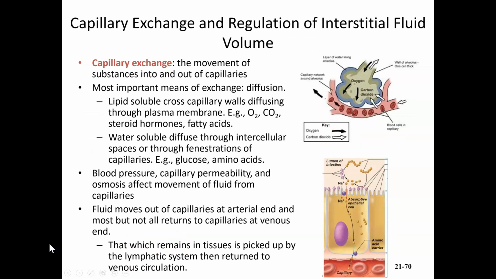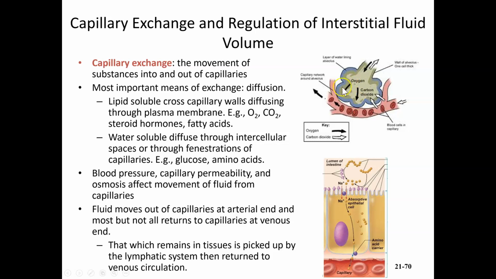Next, let's discuss capillary exchange and how we regulate interstitial fluid volume. So we've already discussed how the capillaries are going to exchange substances with the tissues, and the most important means of exchange is going to be diffusion. When we have a lipid-soluble molecule that crosses our capillary walls, it's going to diffuse through the plasma membrane.